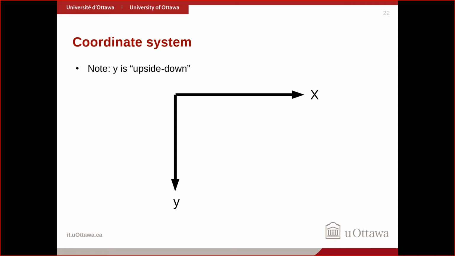That's always a bit tricky. I think that's probably from the early days when we still had CRT monitors that scanned from the top to the bottom. But that's just the way it is. For me, it took a while to figure that one out. I scratched my head for a couple of days before I realized that. It's a very tricky one, so I thought I would mention this.